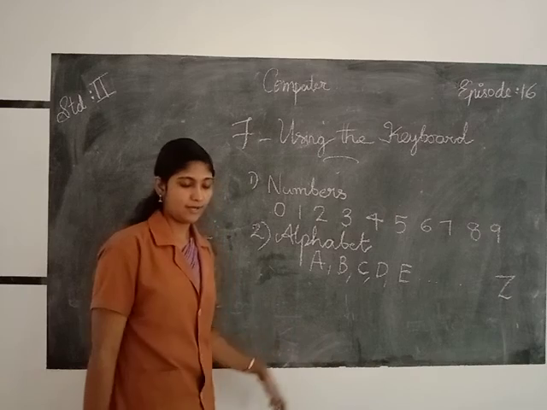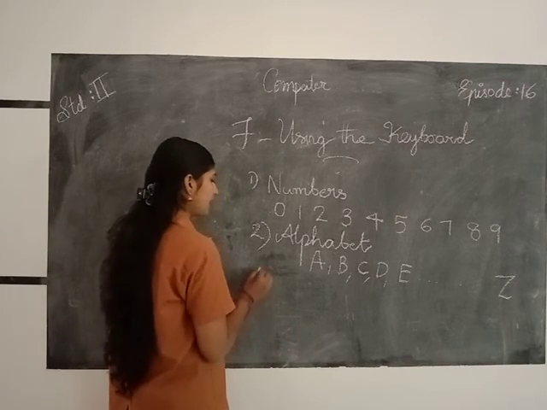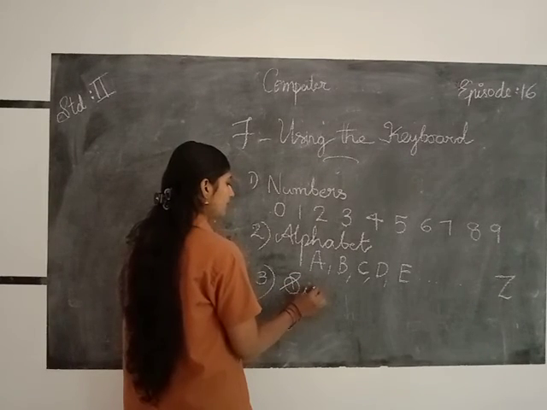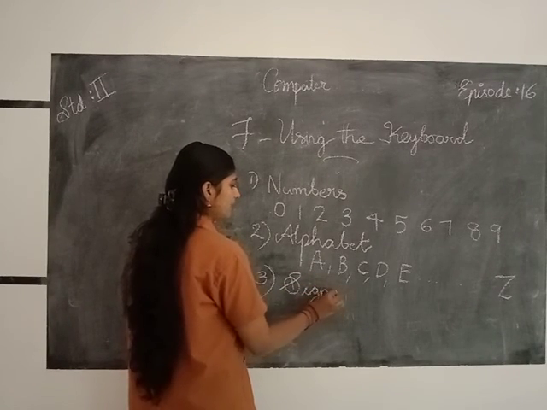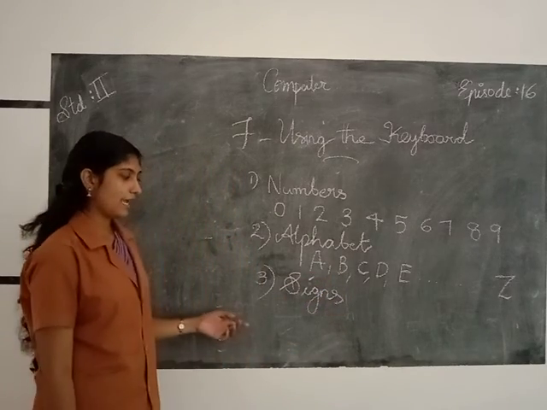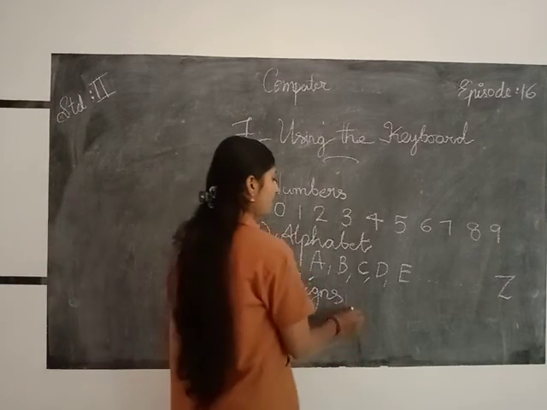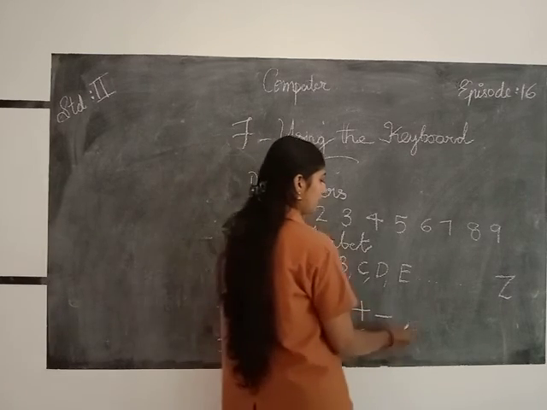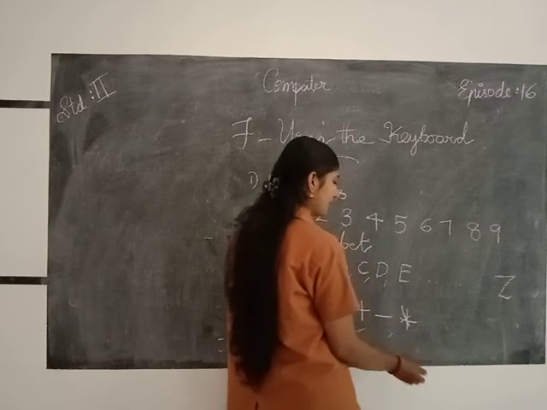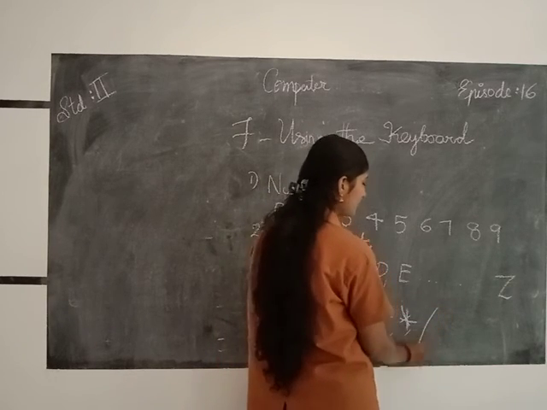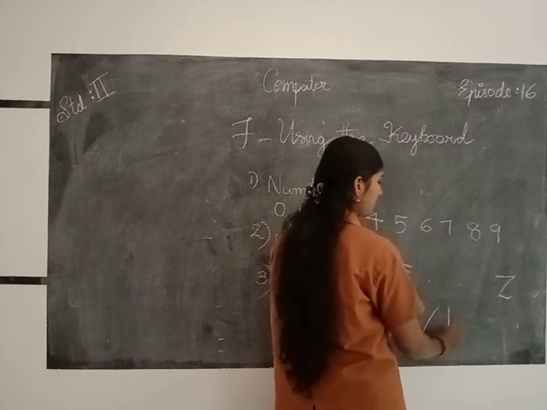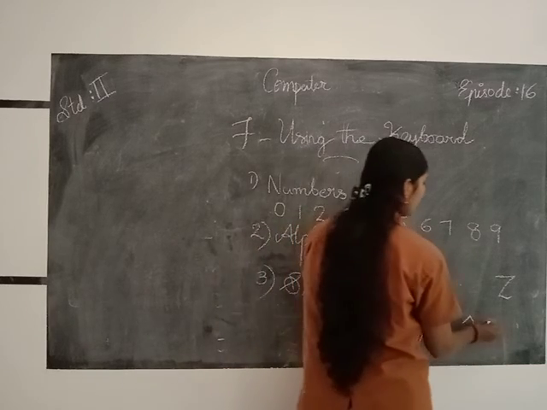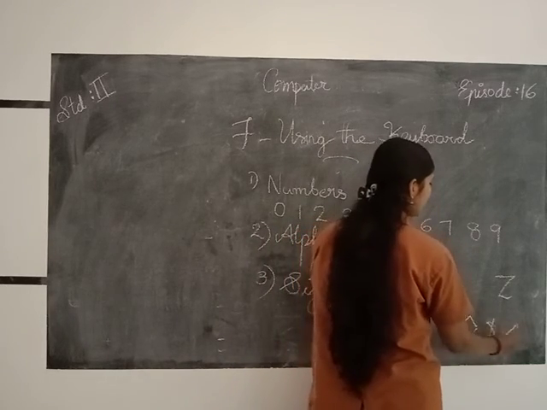So, first numbers from 0 to 9, and the alphabets from capital A to capital Z, also small a to small z. Then, the third one is signs. S I G N S, signs. Which are the signs? Plus sign, minus sign, star sign or asterisk, slash, exclamation mark, raised to power, dollar symbol, percentage.